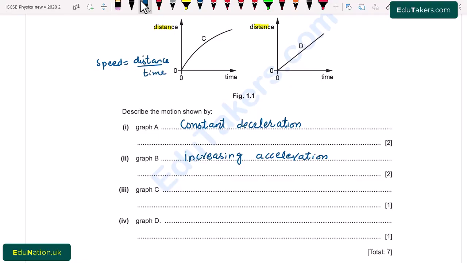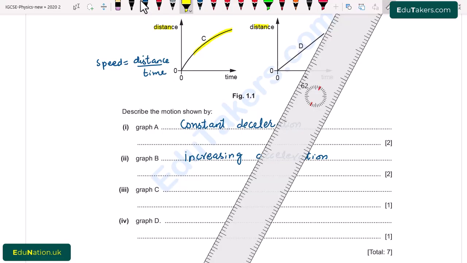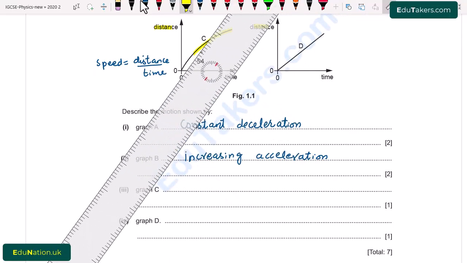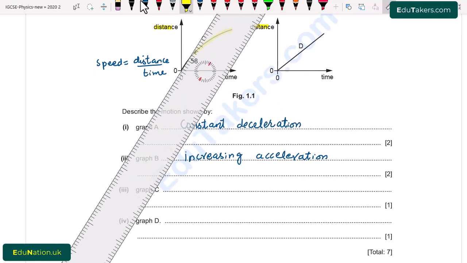You can see from this curve that the speed is decreasing, and when we talk about its gradient, I draw the same tangent at the starting and ending point.